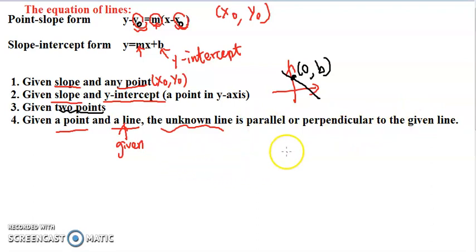So in real life, we may have situations like, suppose there is a local road, and it may not be horizontal, and we want to construct a highway that is parallel to the local road, and it goes through some point. Let's say we wanted to go through maybe a gas station, or a school. The location of the school can be described by a point.